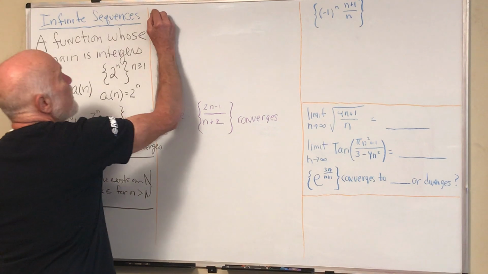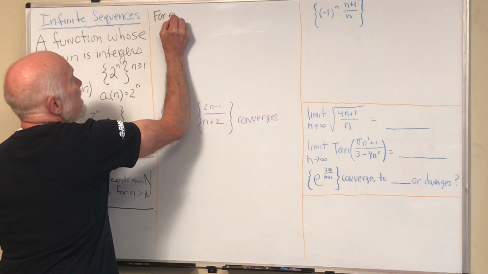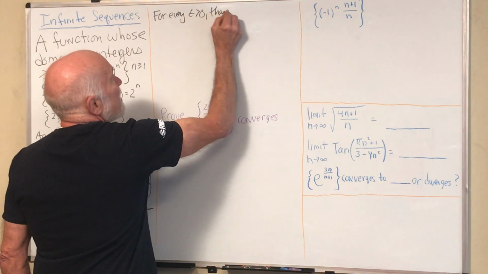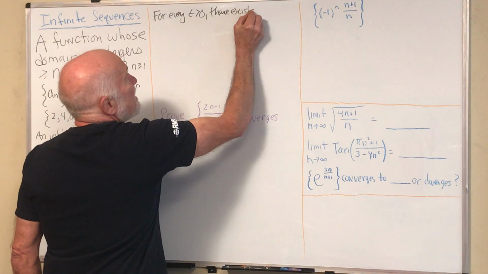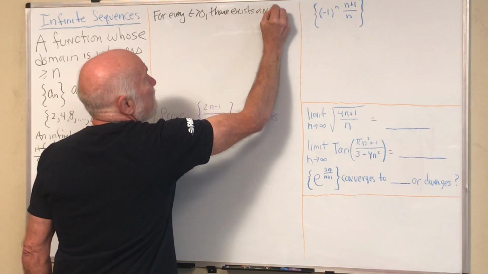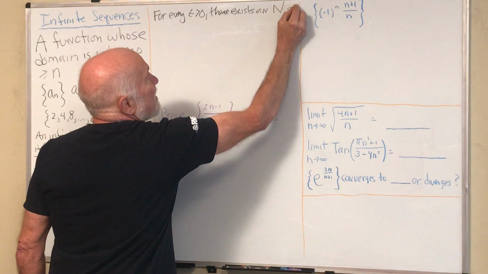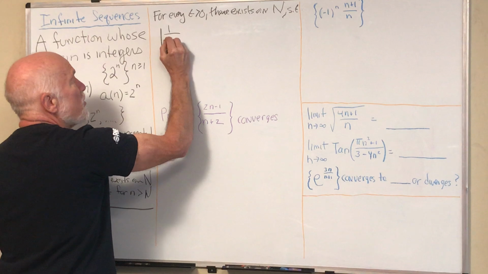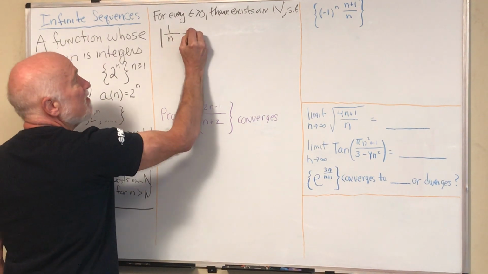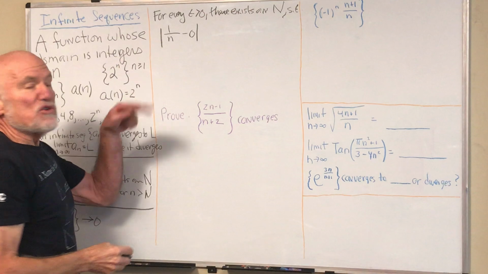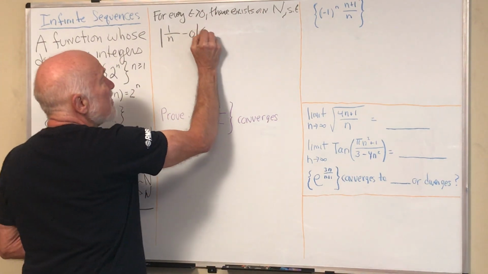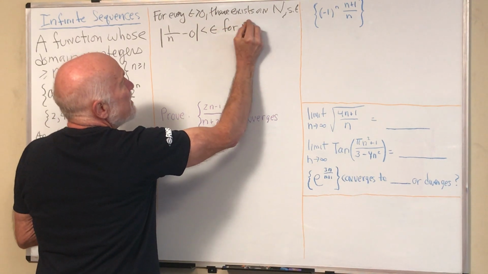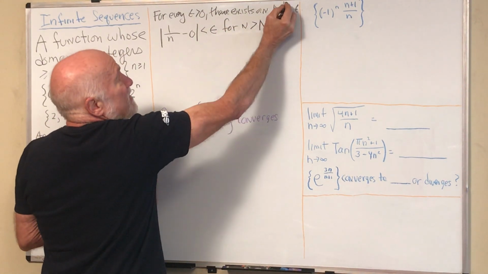In order to do that, we have to say for every epsilon greater than 0, there exists a value of n such that the nth term minus the limit, the difference between that nth term and the limit, has to be less than whatever epsilon you can pick for all values of n greater than the N that we get to pick.